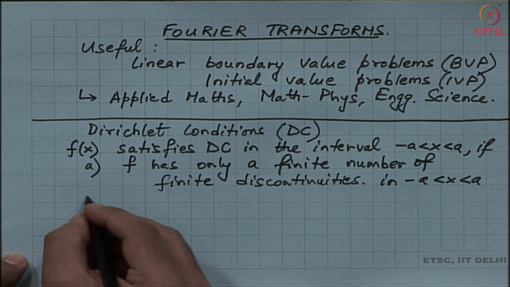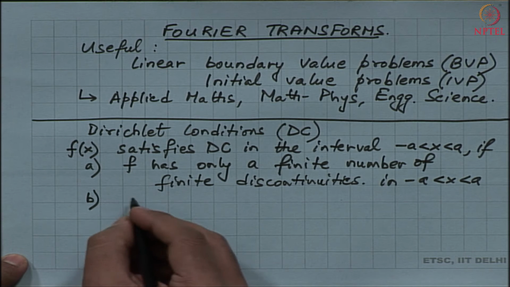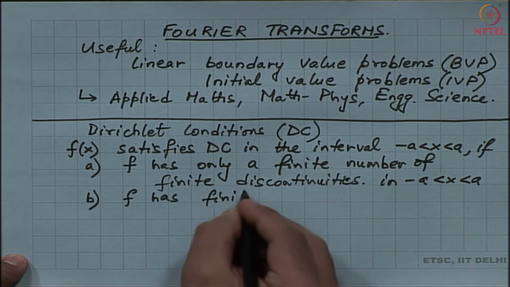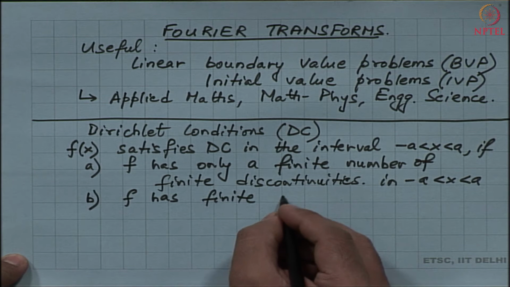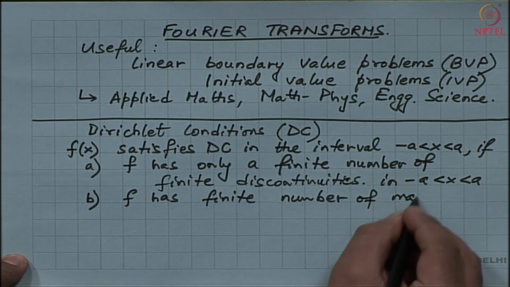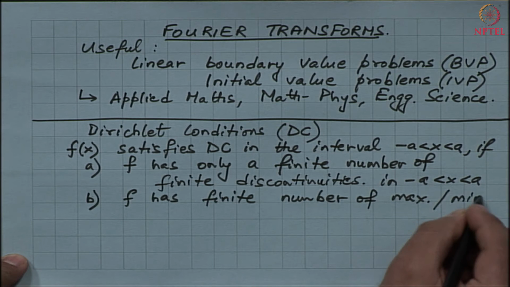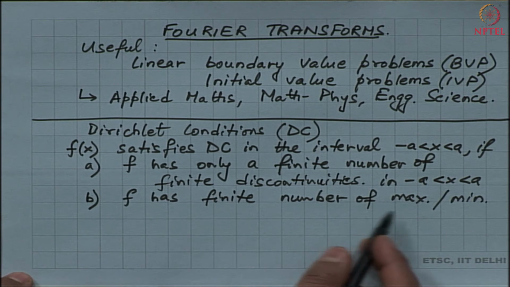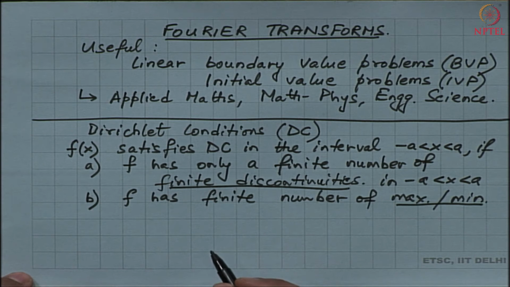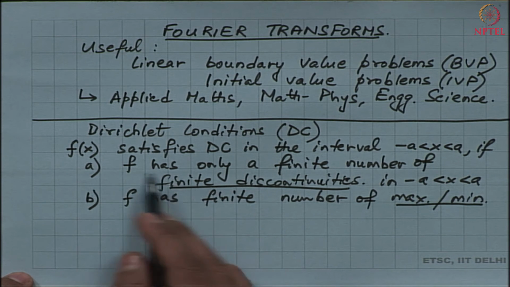And the second condition that it must satisfy is that f has a finite number of maxima or minima. So, we are dealing with a finite number of maxima or minima or a finite number of discontinuities. Then f is said to satisfy the Dirichlet condition.